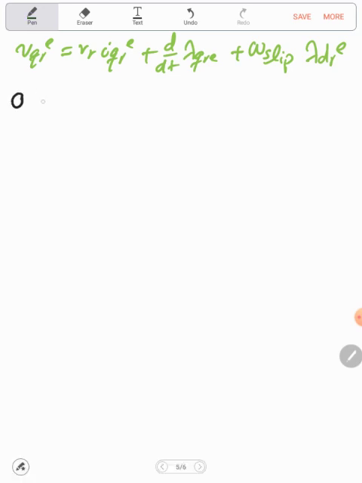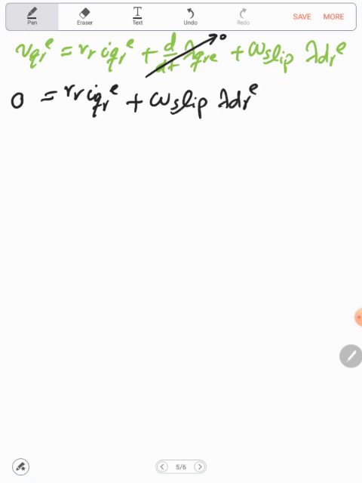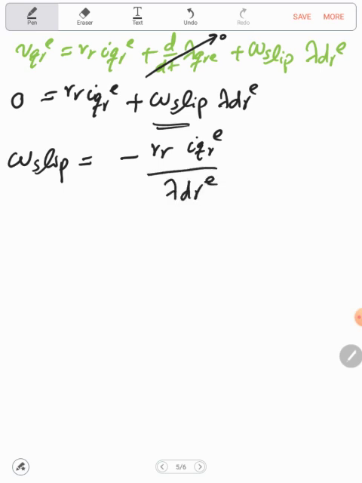So 0 equals RR IQRE plus, now this term is equal to 0 by assumption because lambda QRE is equal to 0, and we end up with omega slip lambda DRE. So from here we can write omega slip as minus RR IQRE over lambda DRE.